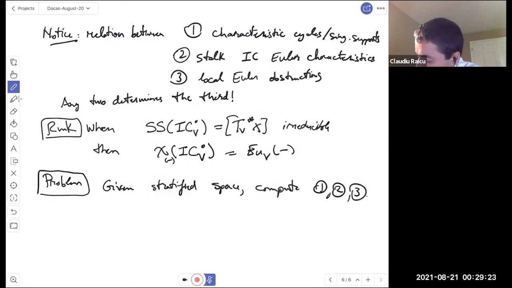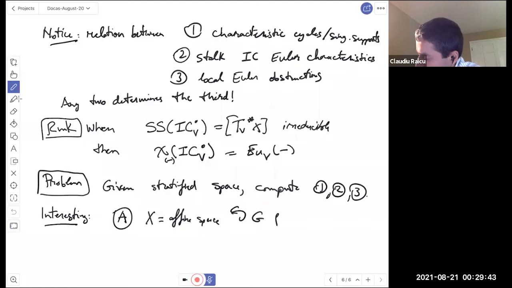To me, the interesting case, and the one that I'm going to talk about today, is case A, where X is an affine space with an action of a group with finitely many orbits.